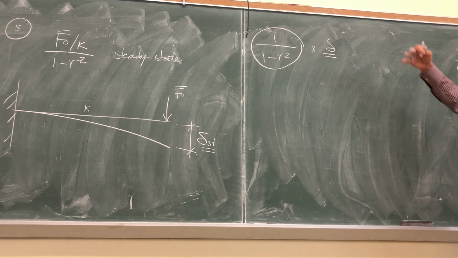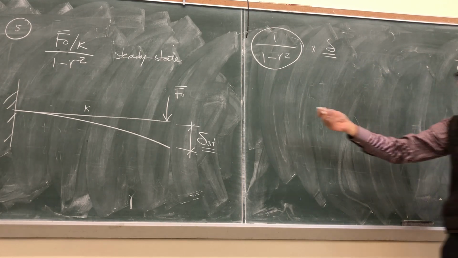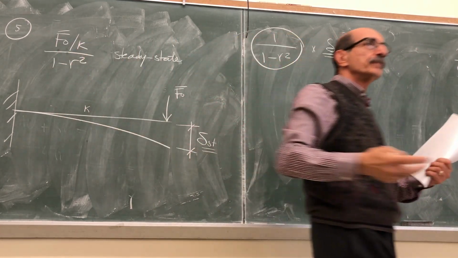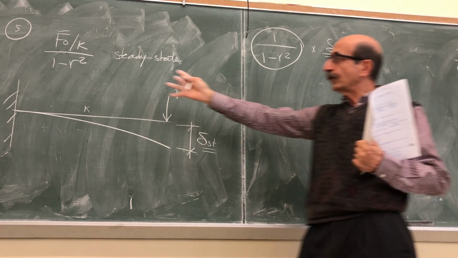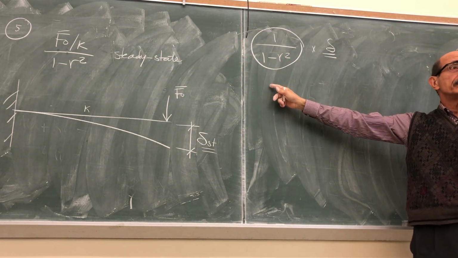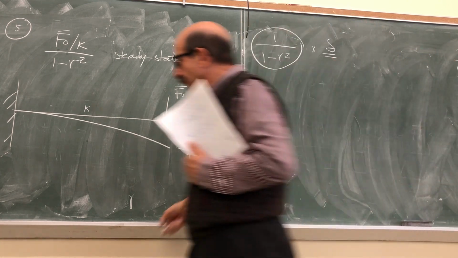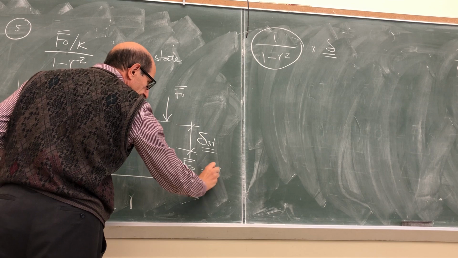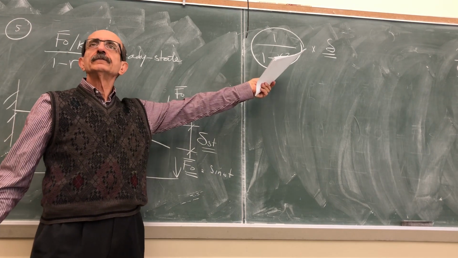So in other words, the maximum dynamic displacement, because the steady state response is the amplitude times sine omega t. The maximum value of that dynamic displacement is this. So the relationship between the maximum dynamic displacement and the equivalent static displacement is just this quantity.